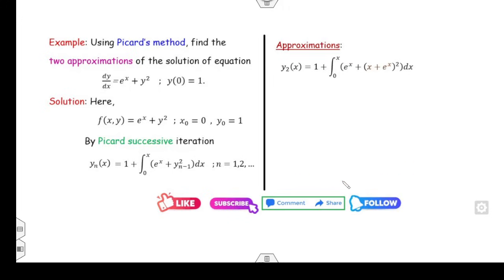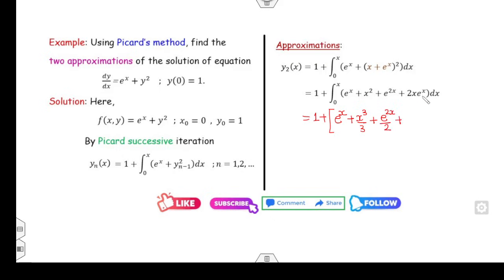Clear? Now I can write here. Now the first expression becomes, now you can find the integration. First integration is e raised to power x is e raised to power x. X square will be x cube by 3. E raised to power 2x will be e raised to power 2x over 2.